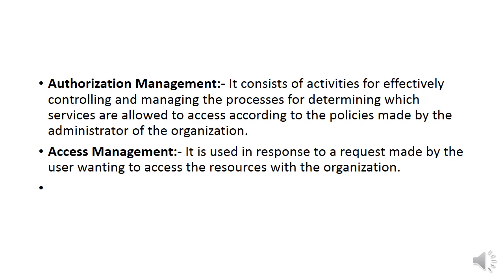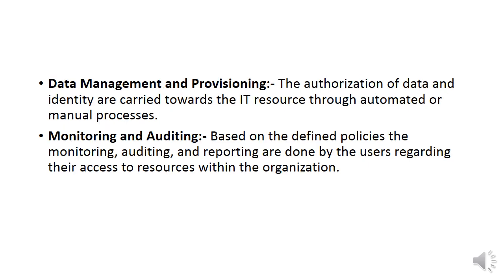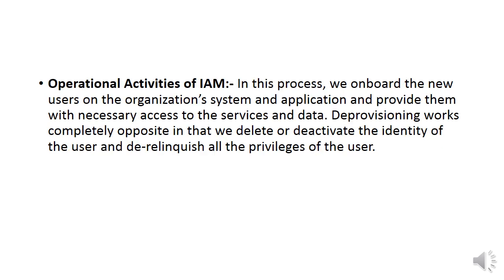Access management is the request made by the user wanting to access the resources within the organization. Data management provisioning: the authorization of data and identity are carried towards IT resources through automated or manual processes. Monitoring and auditing: based on the defined policies, the monitoring, auditing and reporting are done regarding the user's access to resources within the organization.